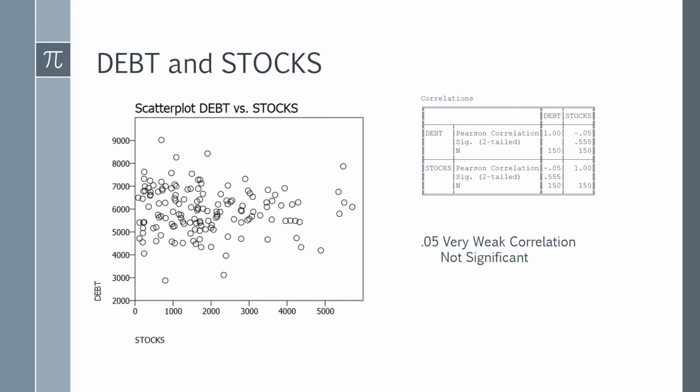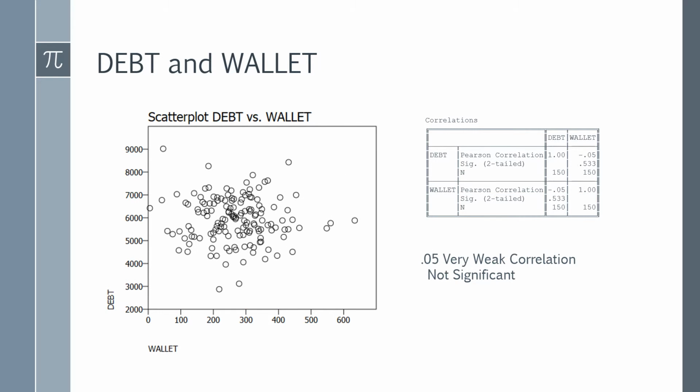Therefore, is not a significant correlation. When we analyze the debt and wallet variables in the PSPP software, we found a 0.05 very weak correlation. Therefore, is not a significant correlation.